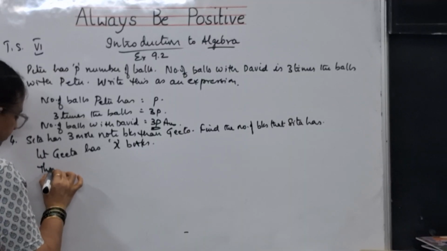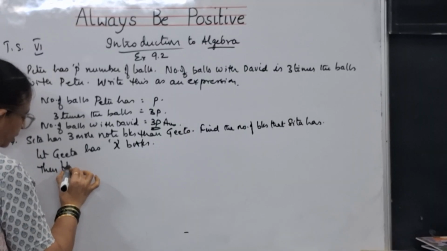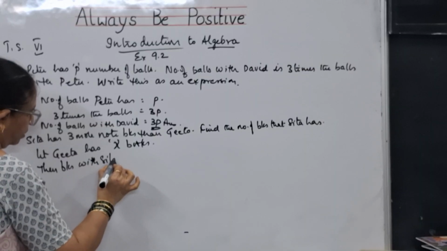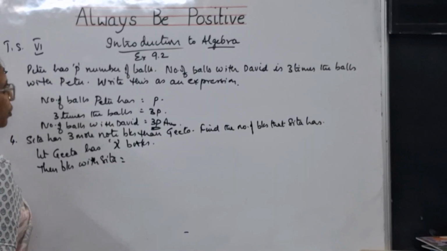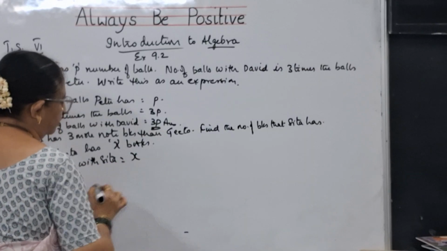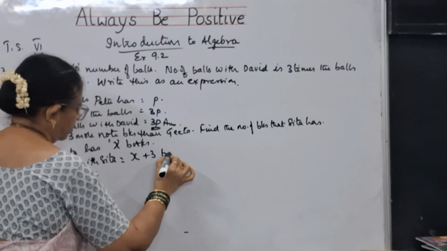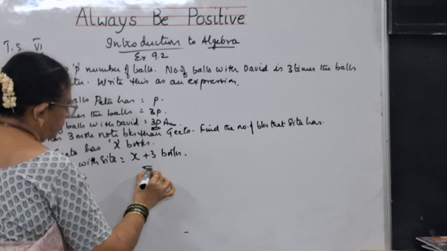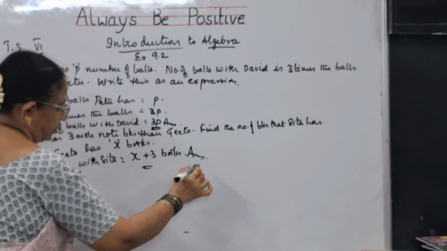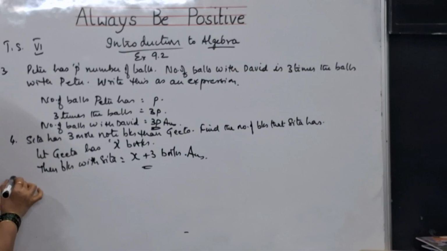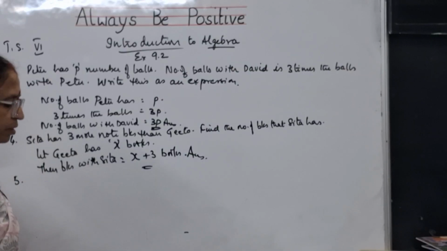Then books with Sita is equal to 3 more than Geeta. Geeta has x. It is having 3 more. x plus 3 books. This is the answer, children, for this problem. This is the fourth one. And fifth one.